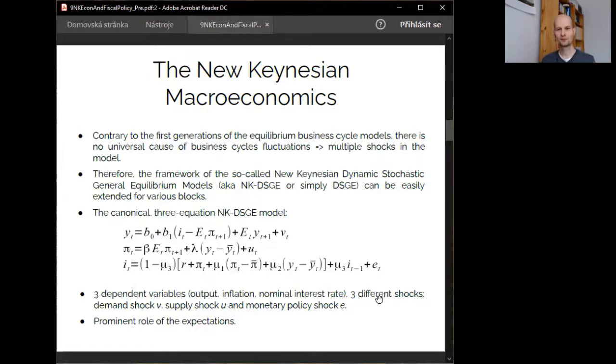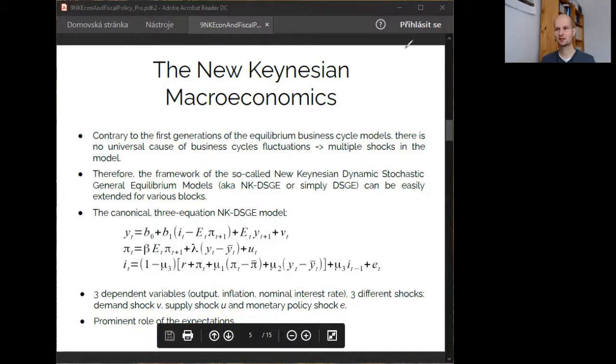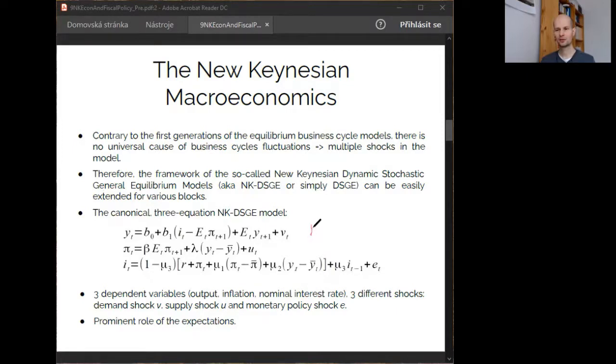In the simplest form, the new Keynesian DSGE model can be based on the following three equations, which are depicted here. Let's discuss them for a while. The first one is the so-called new Keynesian IS curve.